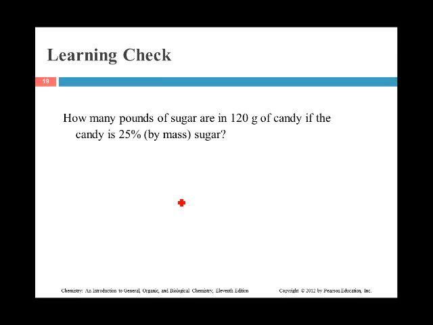So if you look here, 25% of sugar. So if we have 25% sugar, that means we have 25 grams of sugar for every 100 grams of candy.